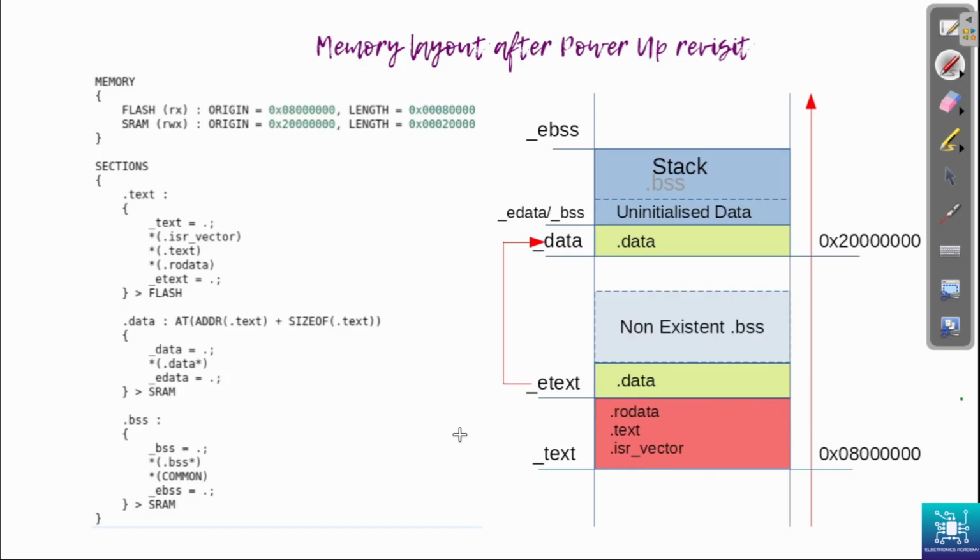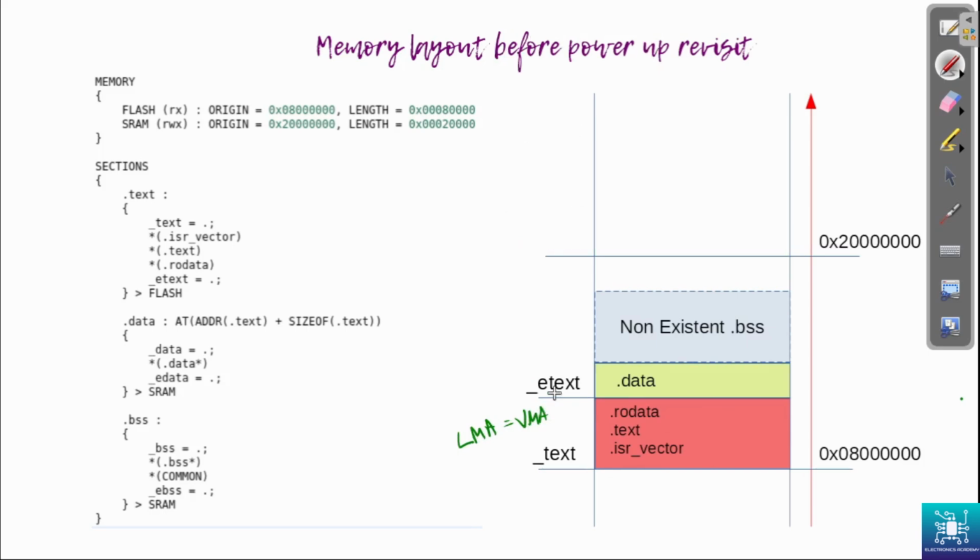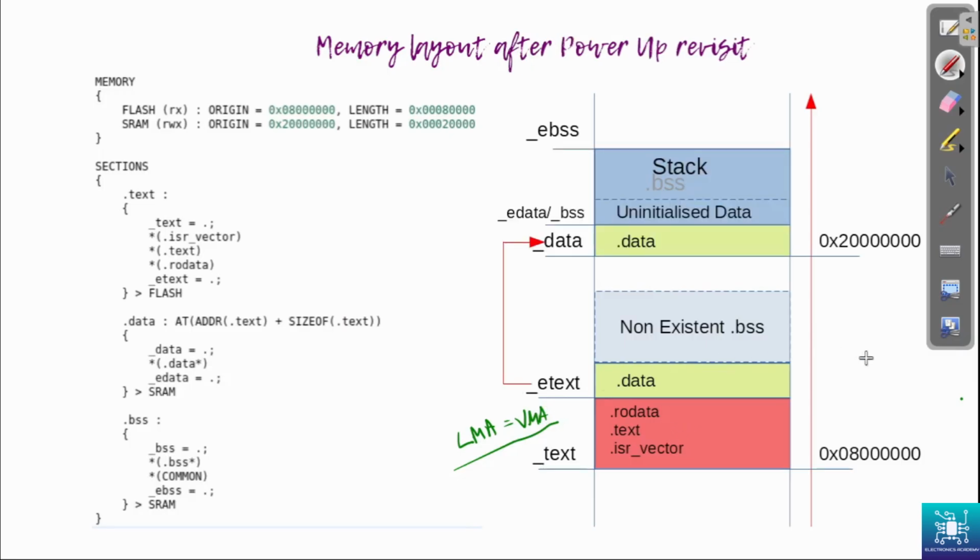So this was LMA equal to VMA. So this does not get relocated. It stays here. The bifurcation comes from here. Since the LMA and the VMA are not equal at this point, all of this needs to be relocated to this section, because the LMA and the VMA change here. So all of this gets written here.